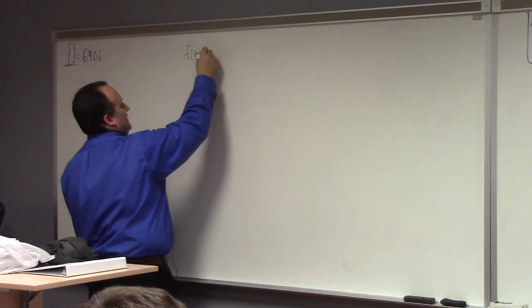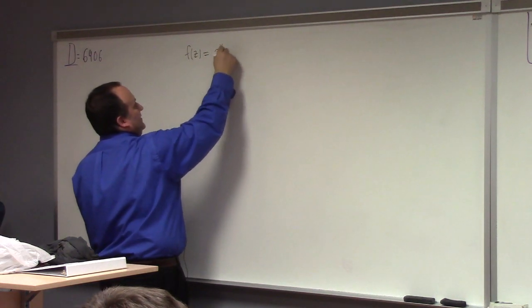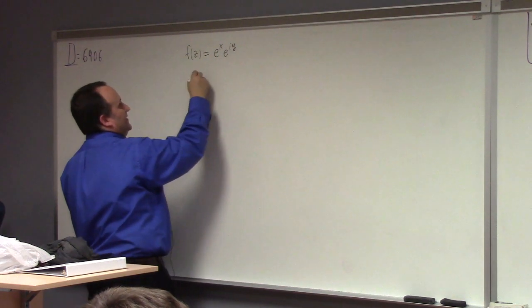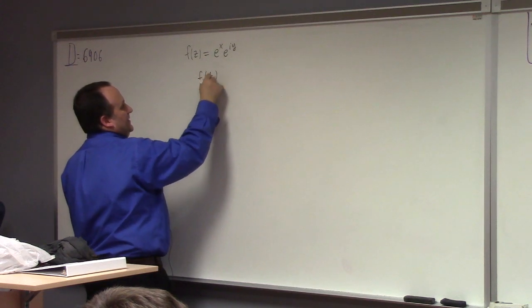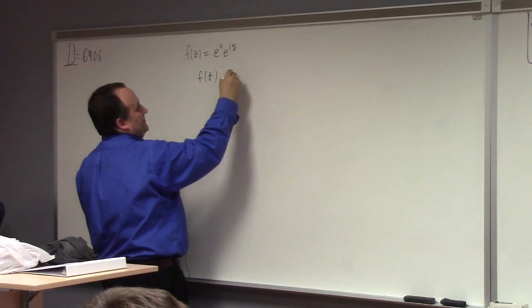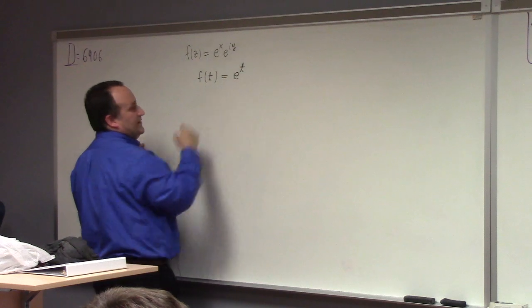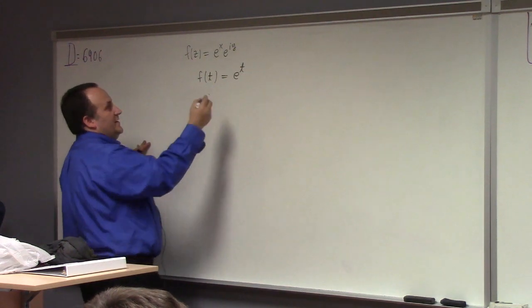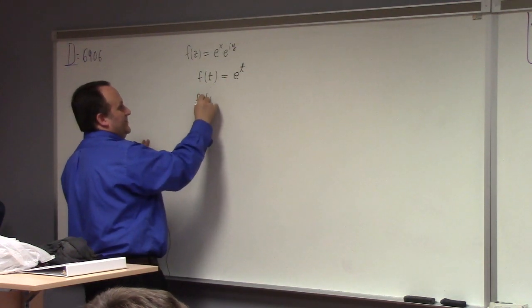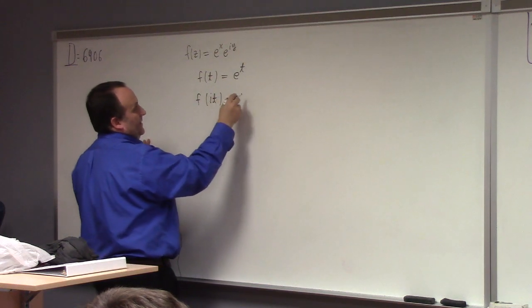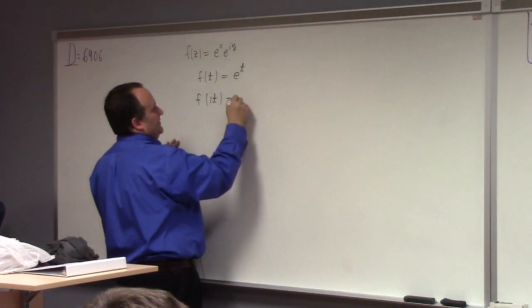We can talk about this for a second. So this is what? e to the x, e to the iy, right? So if I look at f of t, what do I get? I get e to the t, right? And if I look at f of it, what do I get? I get e to the it, right?